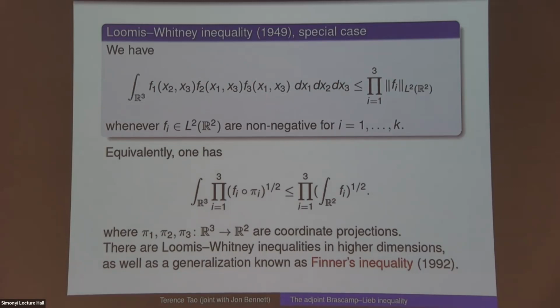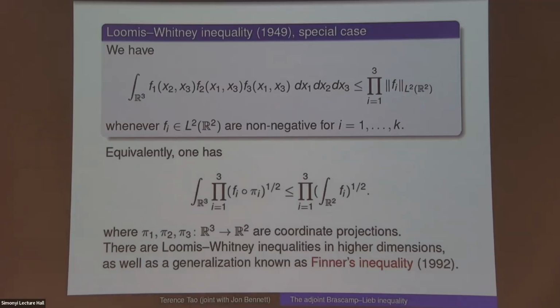Another way of phrasing it, similar to the way we formulated Hölder's inequality, is that if you have 3 integrable functions on R^2, f_1, f_2, f_3, non-negative, and for each of these 3 functions on R^2, you pull them back to R^3 in 3 different ways using 3 different coordinate projections. So there's 3 different ways to project R^3 to R^2.